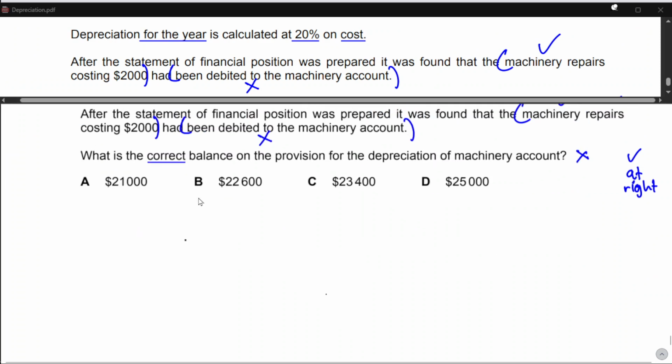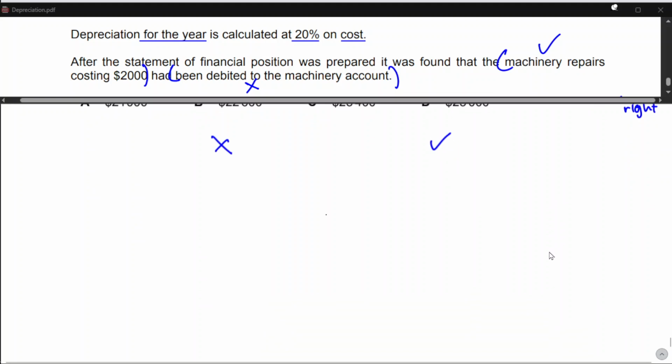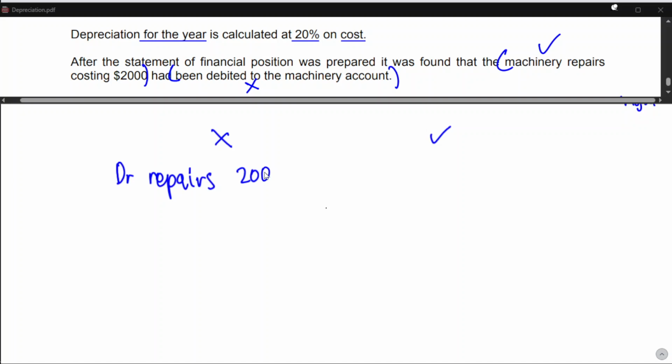Okay. So let's do the format. So you want cross and tick. Okay. So your machinery repairs will debit repairs by 2000.